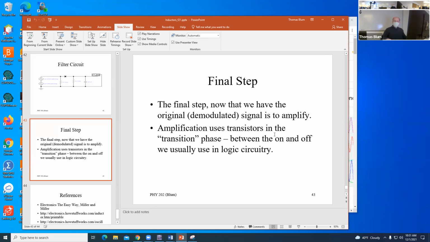The transition region is the place where you work with a transistor if you want to amplify a signal. The last column in that table I make you make has a ratio of two currents. And in the transition region, that ratio of those two currents is close to fixed. So you can put in a small current and get a bigger current. And so that is an amplification. Okay.